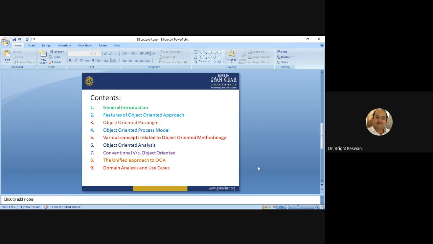The behavioral model view is concerned with the dynamic aspect of the system, and it also depicts the interaction and collaboration between various structural elements in the system.